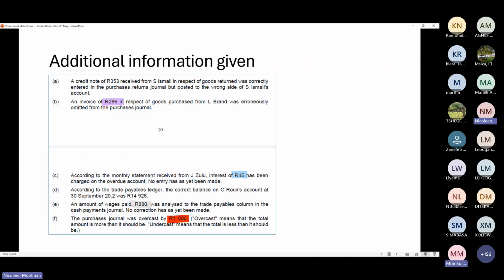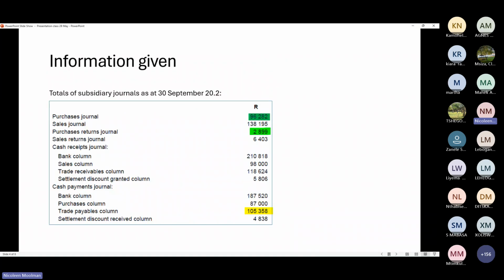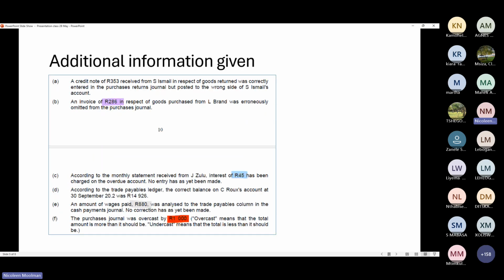Points A to F are issues identified which have not been adjusted for in the numbers they gave us. So we need to go and make these changes and correct the balances.